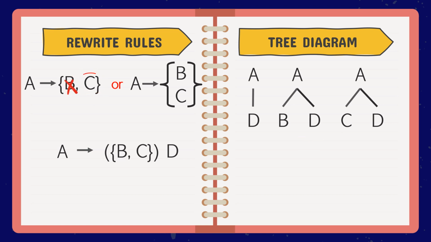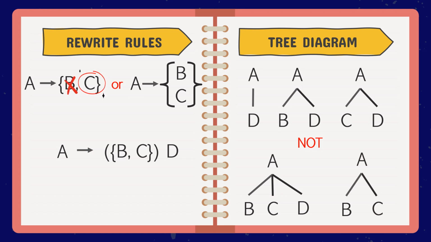A is expanded as B, C, and D because again, we only have to choose between B and C. We cannot either have A is expanded as B and C because again, we have to choose between them because they're inside braces, and it is very important to leave our obligatory element in our rewrite rule.